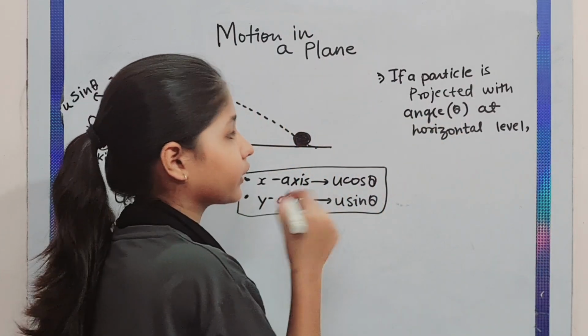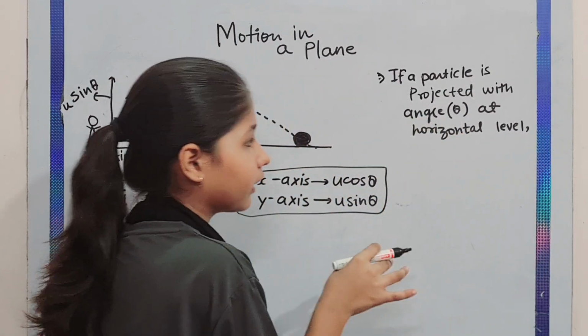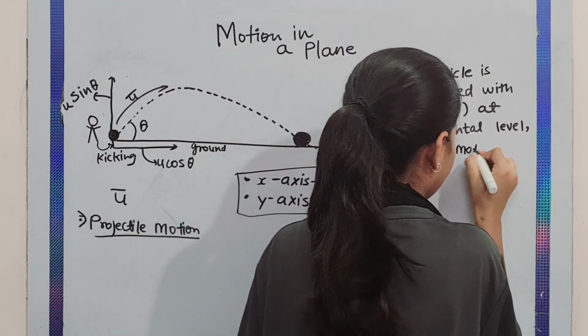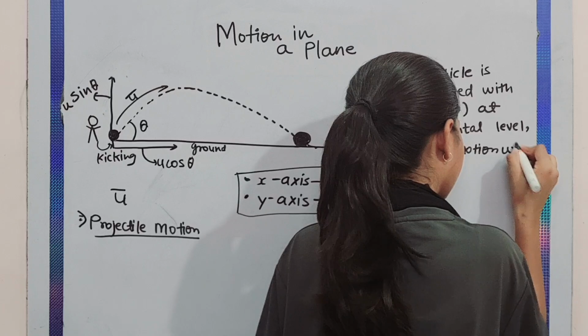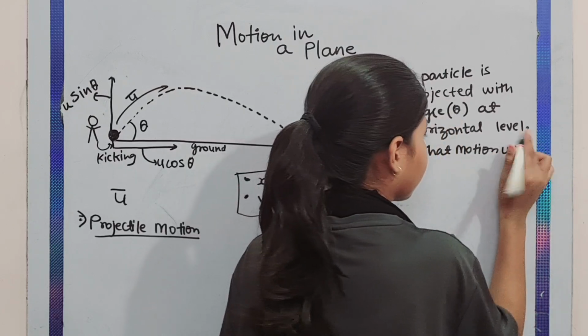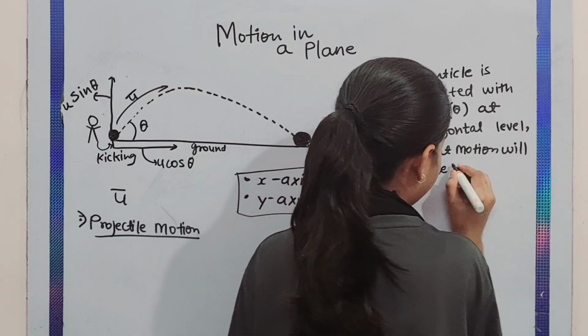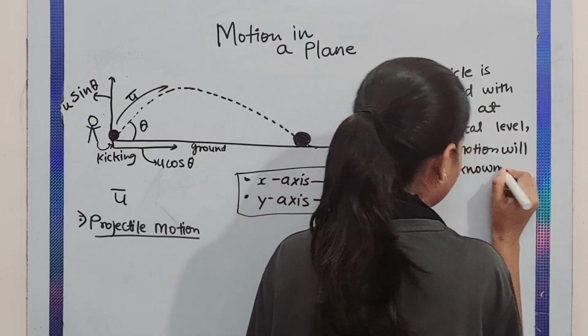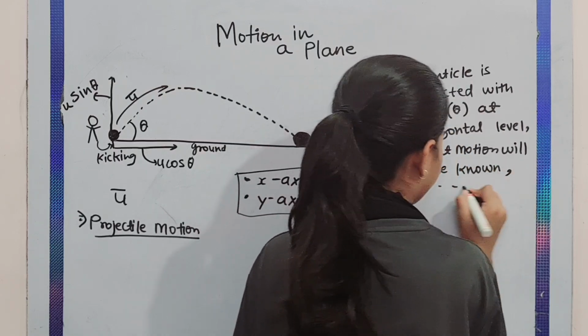If a particle is projected with angle theta at horizontal level, that motion will be known as projectile motion.